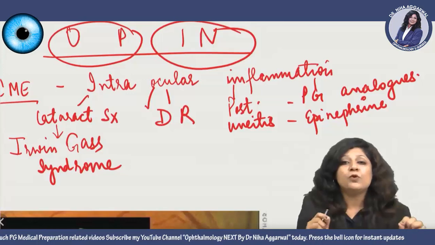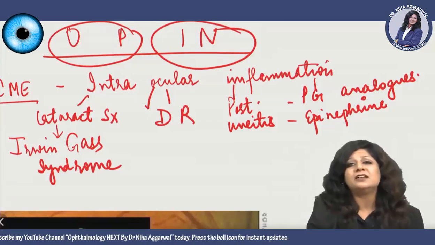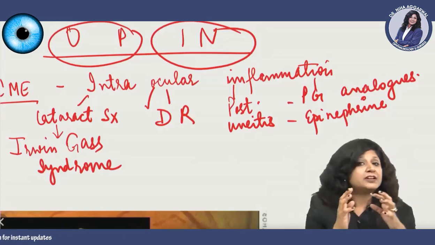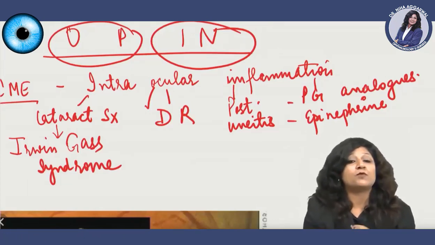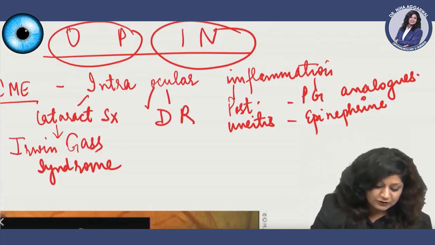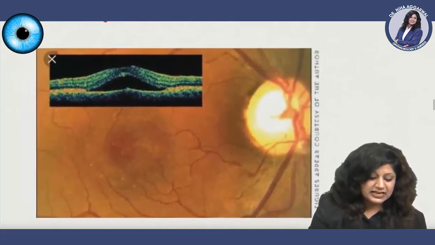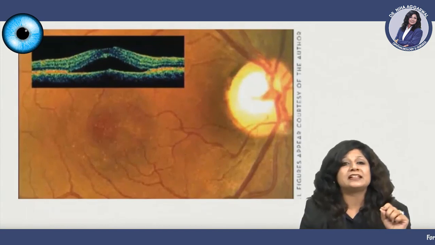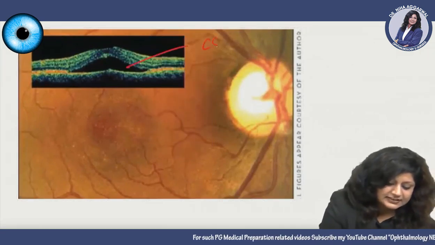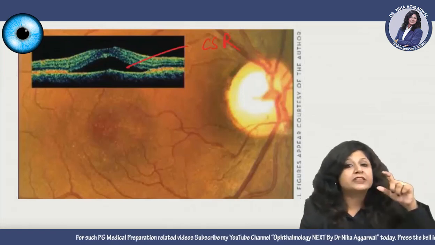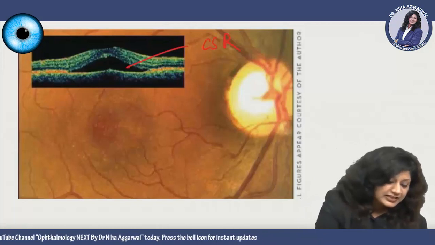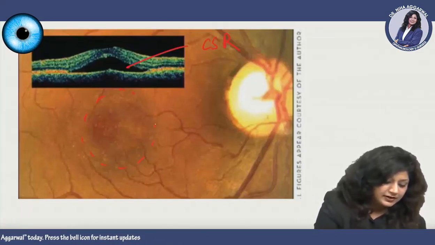Alright, now move ahead. What will you get in the fundus if I do ophthalmoscopy in cases of CSR and in CME? What is the difference that I am going to get? So first let us see what you will get in CSR. As you can see here, I am having the CSR in the OCT. So this fundus is having the CSR. Now can you see the elevated macula here?